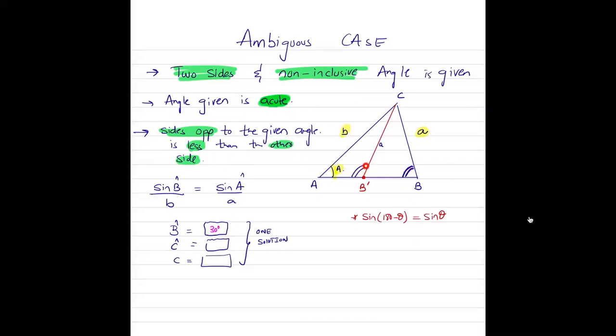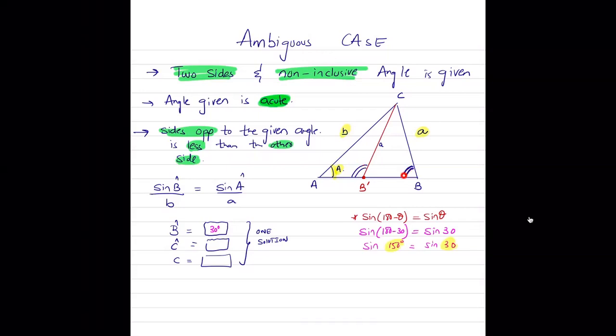To find another obtuse angle having the same sine, I can just use this identity. If theta is 30 degrees, then sine of 30 degrees equals sine of 180 minus 30, which is 150. So if one of the angles is 30, the obtuse angle is going to be 150.